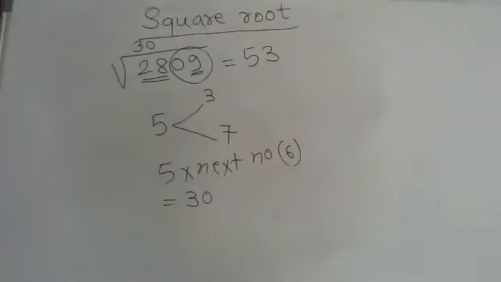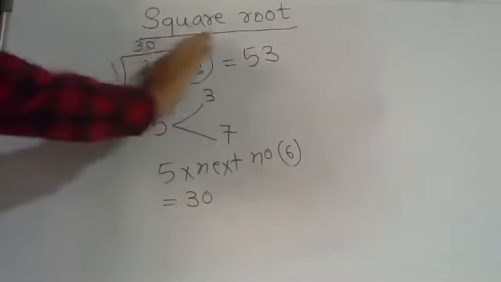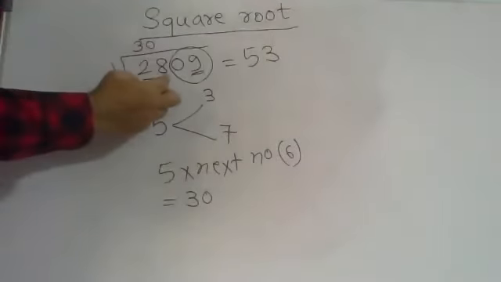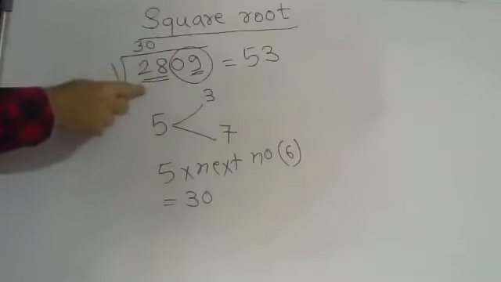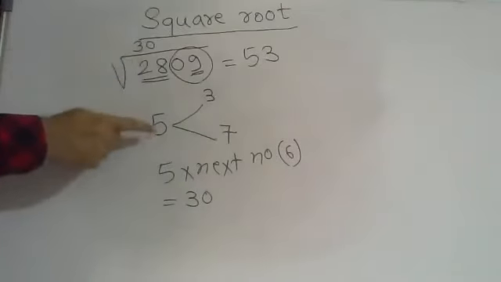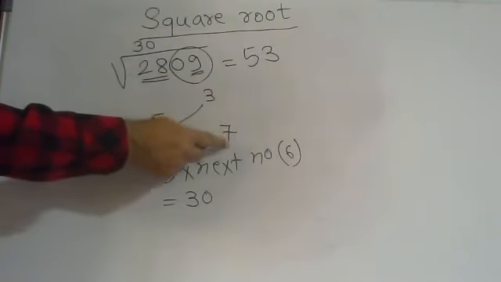Finding square root of 2809. Taking 09, two numbers at one side, thinking about the remaining number, that is 28. 28 is near to which square? That is 5. 5 square is 25. 9 is the unit digit in the square of 3 and in the square of 7.